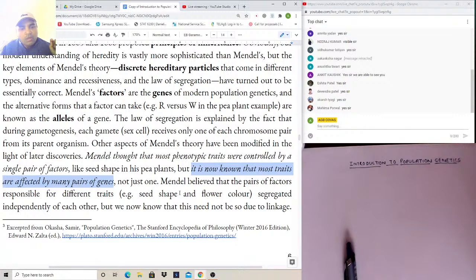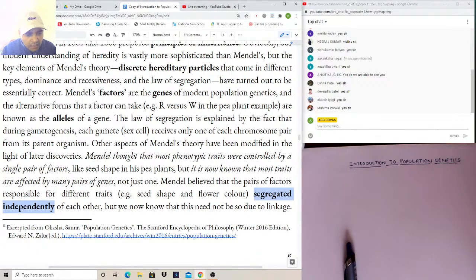Now, Mendel believed that the pair of factors responsible for different traits, that is seed shape or flower color, segregate independently of each other. That was his next point.